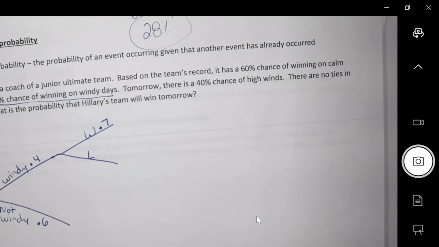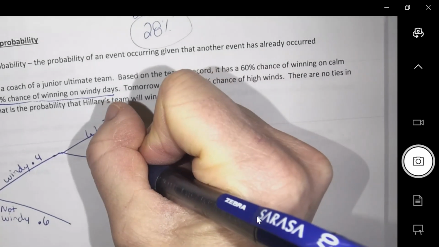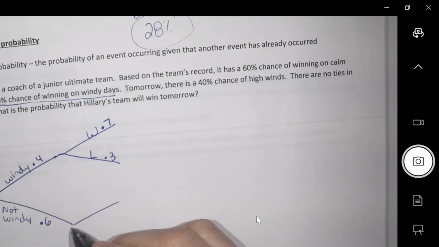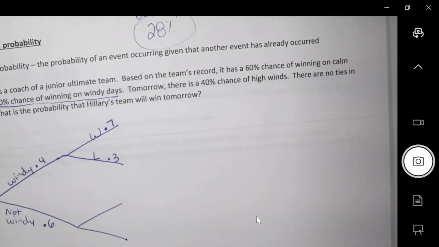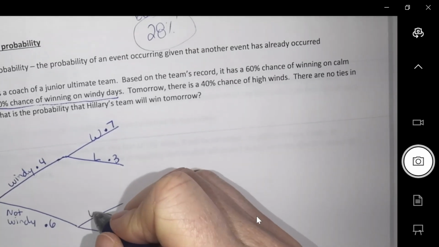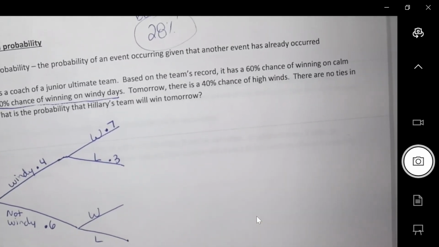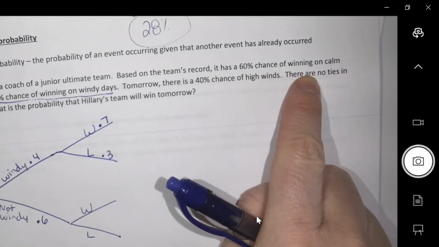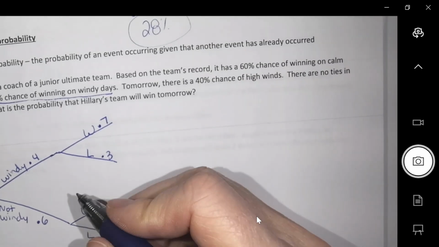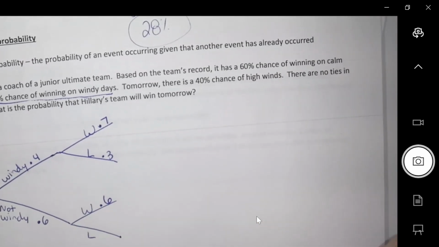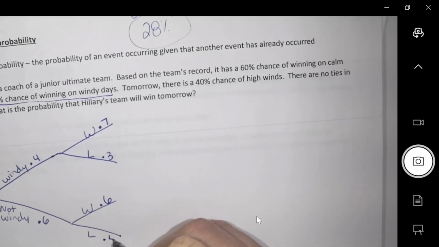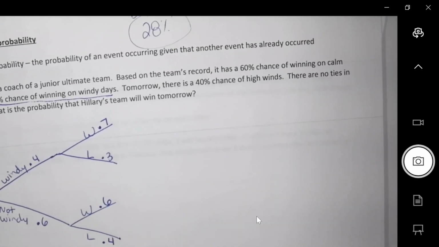Therefore, the odds of losing on a windy day is 30%. What if it's a calm day? What are the odds of winning or losing when it's calm? There's a 60% chance of winning on a calm day, which means a 40% chance of losing on a calm day.